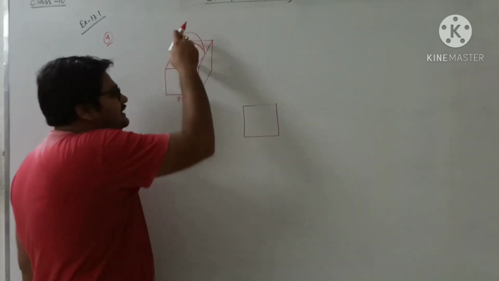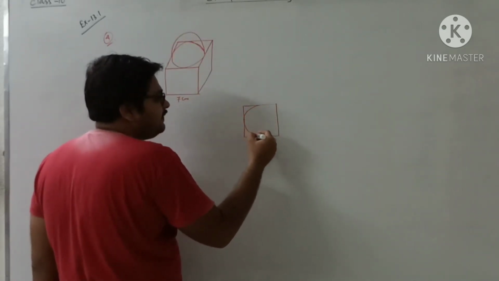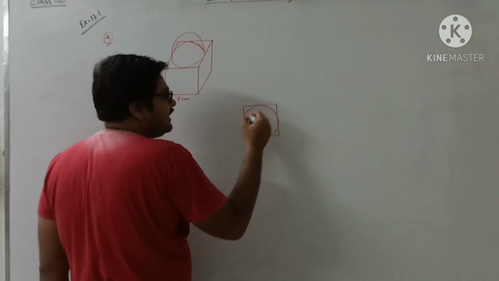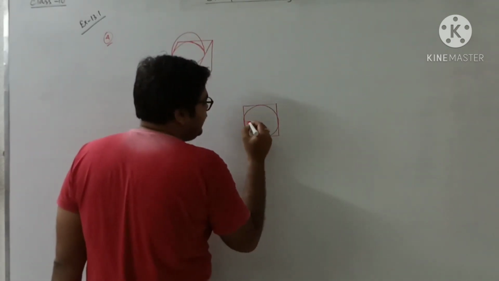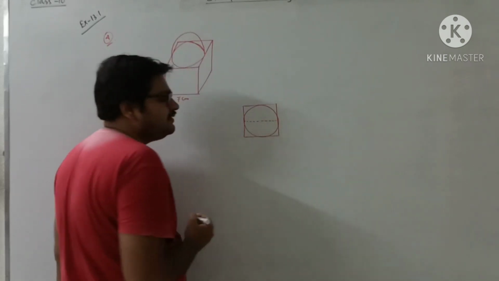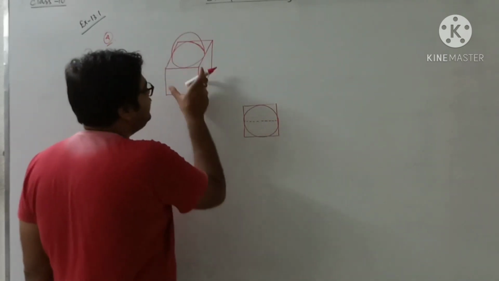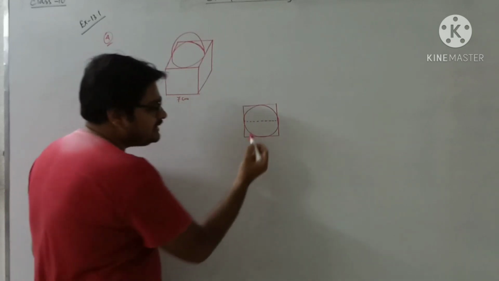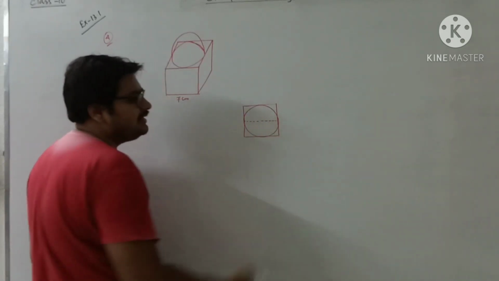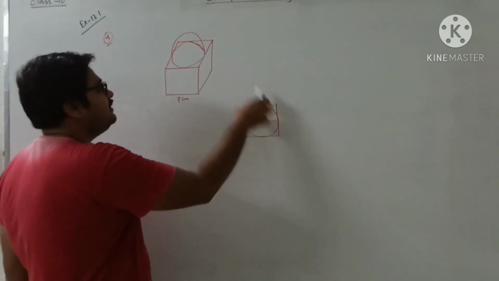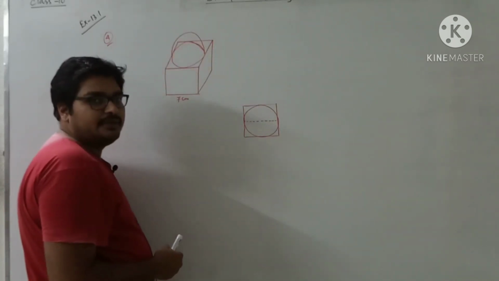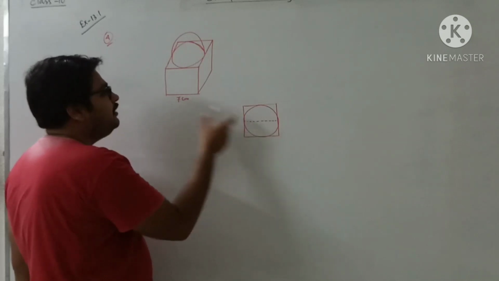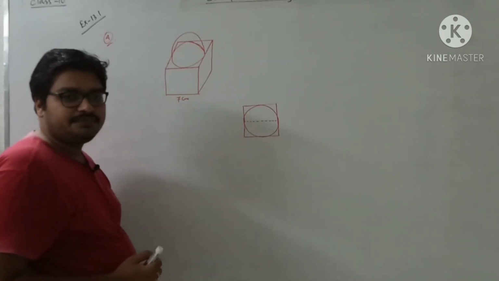Now, if it is the largest hemisphere, then the circular face of the hemisphere must touch all the sides. So in that case, the largest diameter of the hemisphere will be the side of the cube, 7 centimeter. Because the largest diameter will be equal to the side length of the square, and the square is actually the top face of the cube.